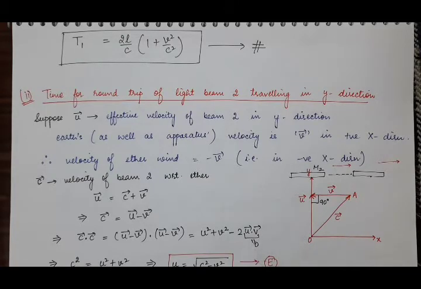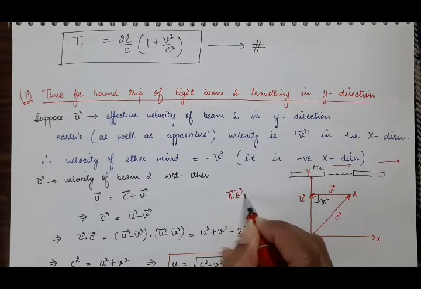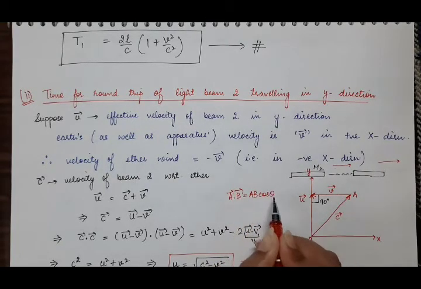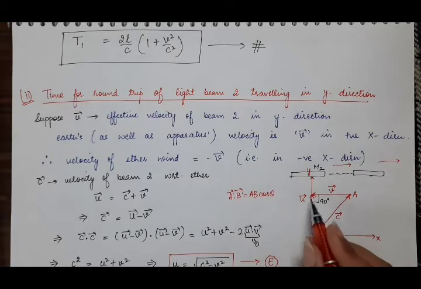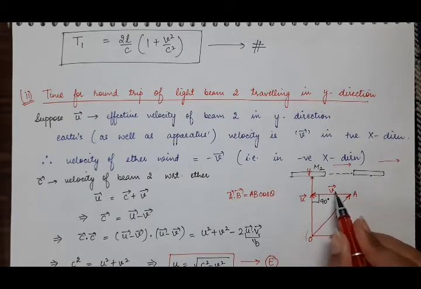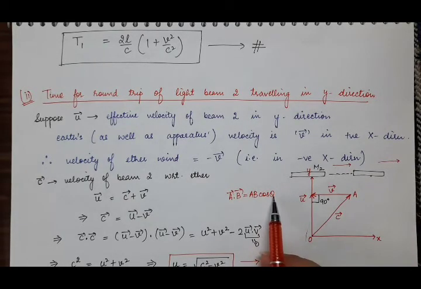And we know that the dot product of two vectors a dot b is always equal to ab cos theta, where theta is the angle between a vector and b vector. So here what is the angle theta between u vector and v vector? U vector and v vector are both perpendicular because v is along the x-axis, u is along the y-axis. So cos 90 will be 0. That is why this u dot v is 0.